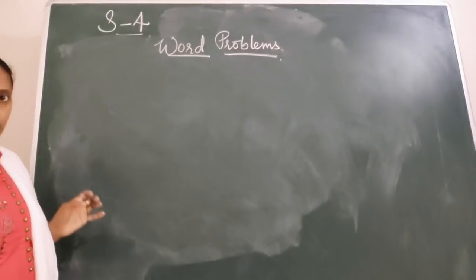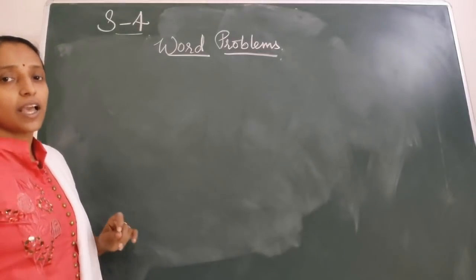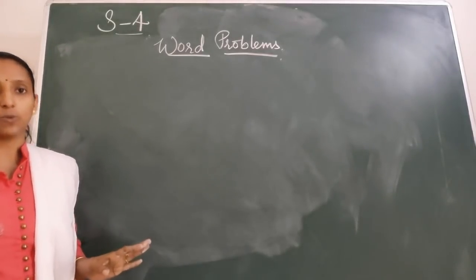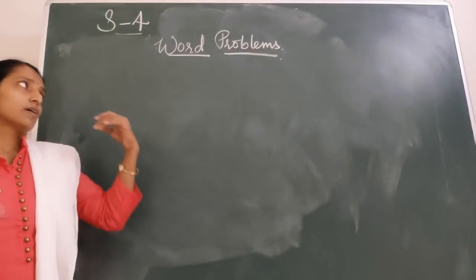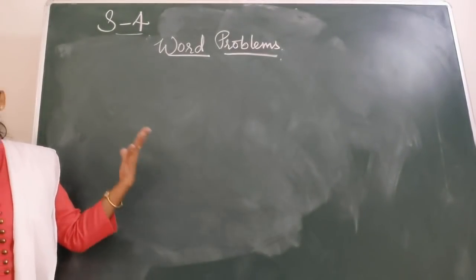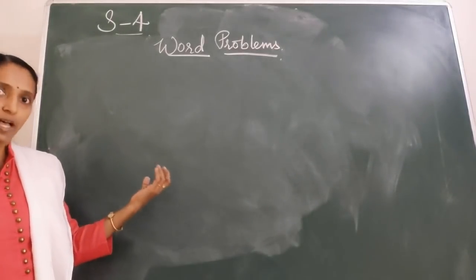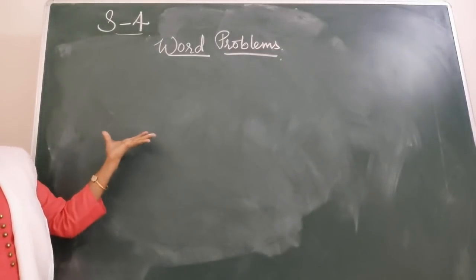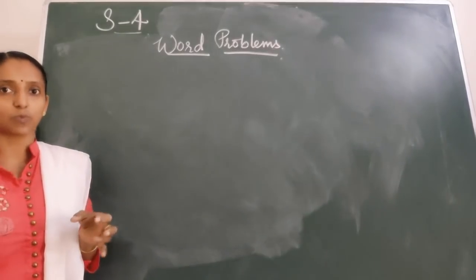Once you get the textbook, I hope most of you have already arranged some textbooks, and if you have gone through the textbooks, you can see the word problems given over there. We will have word problems of quadratic equations in the exam too. How to solve word problems is familiar to you, but once more I am explaining.